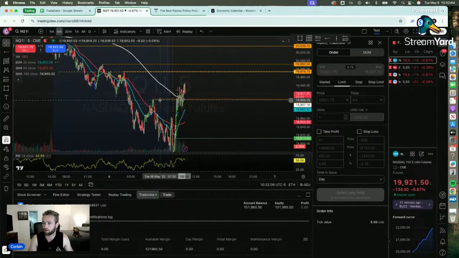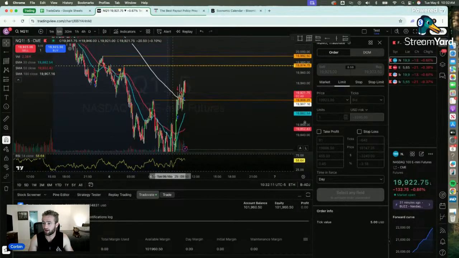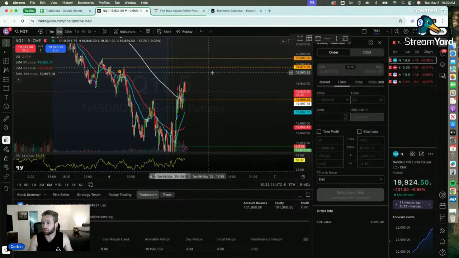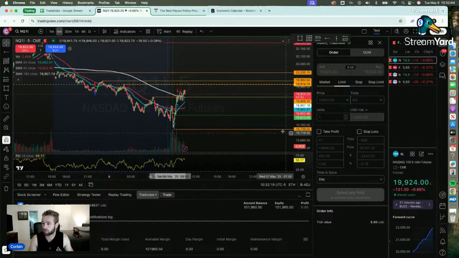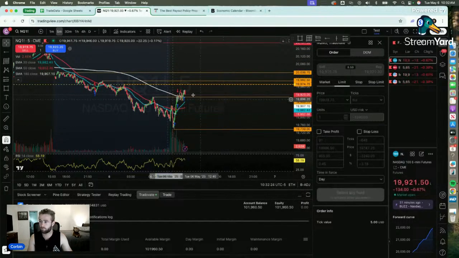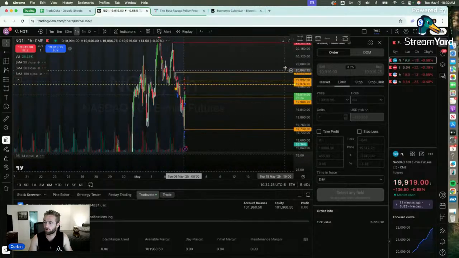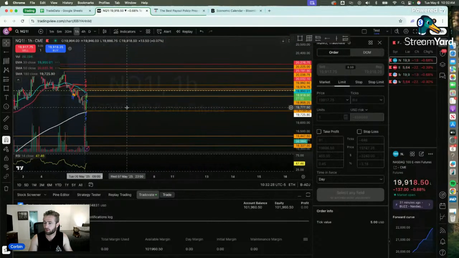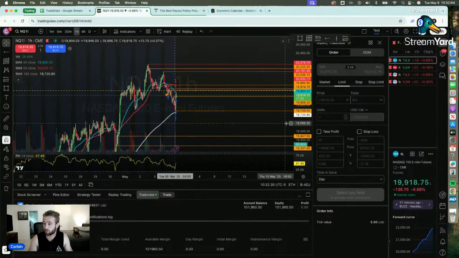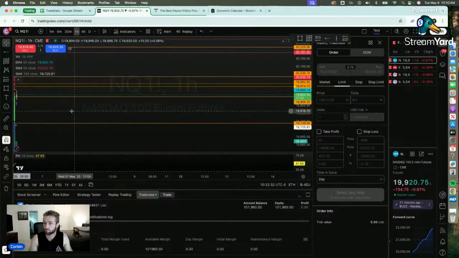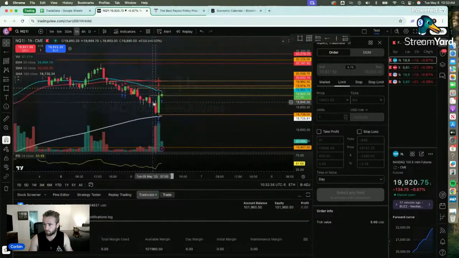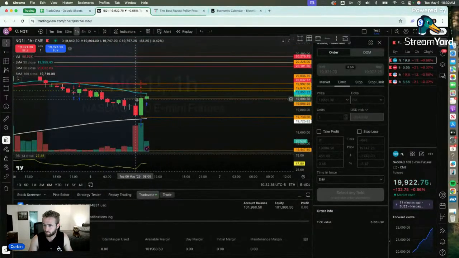On the 5-day, 5-minute chart, we did not have any serious reaction at this level, so this is the next level that I'm going to be watching. Let's see if there's any more. On the 1-hour chart, those levels down there don't really matter. Formed a low, high.